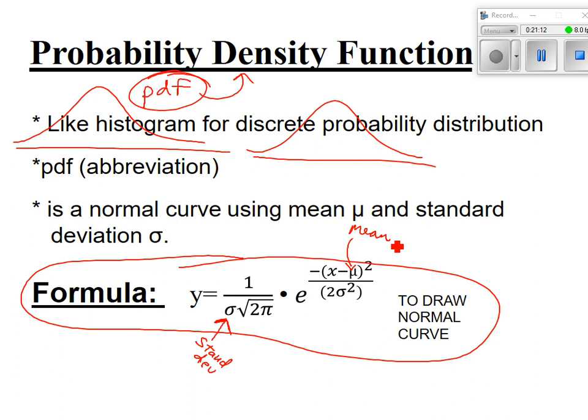Everything else in there, pi and e, stays the same. But again, as much as I know Lily would love to, we're not going to graph this on a piece of graph paper. We're not going to sit and do it.